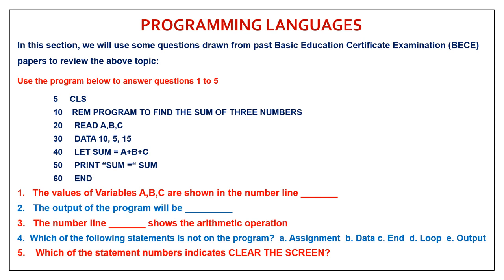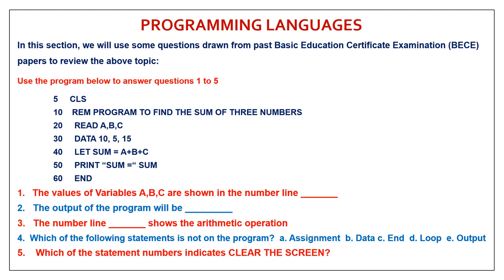Line number 5 shows CLS, which will help you to clear the display screen before the program is executed. You have line 10, REM, program to find the sum of 3 numbers. Line 20, read A, B, C. Line 30, data 10, 5, 15.